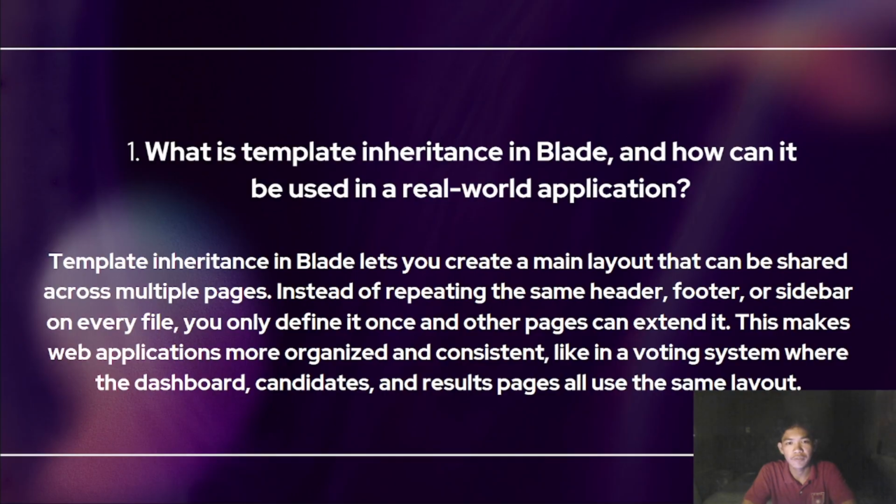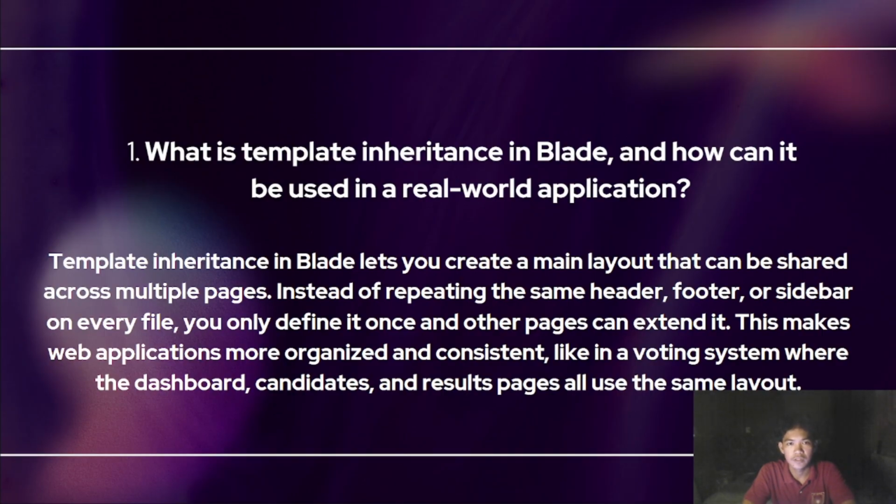You only define it once and other pages can extend it. This makes web applications more organized and consistent, like in a voting system where the dashboard, candidates, and results pages all use the same layout.